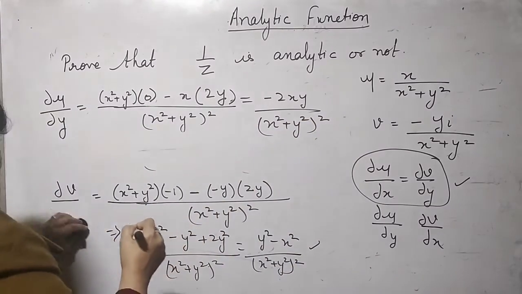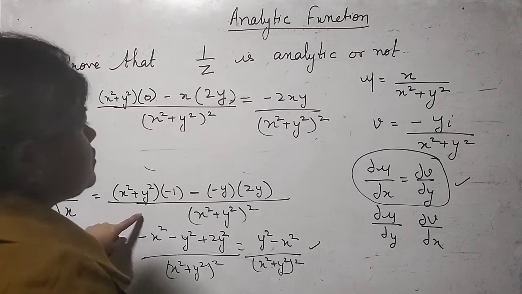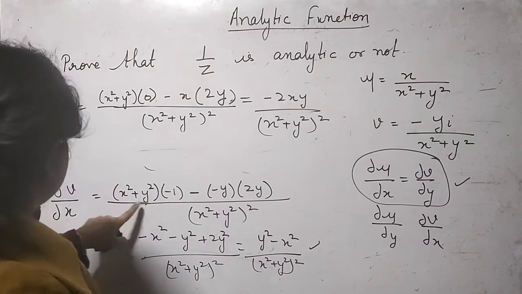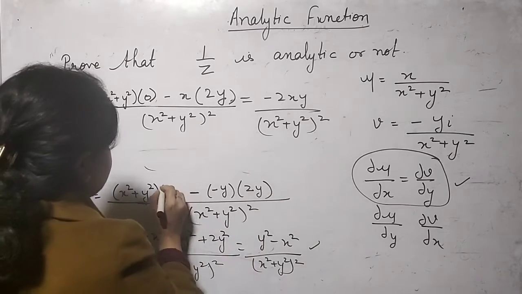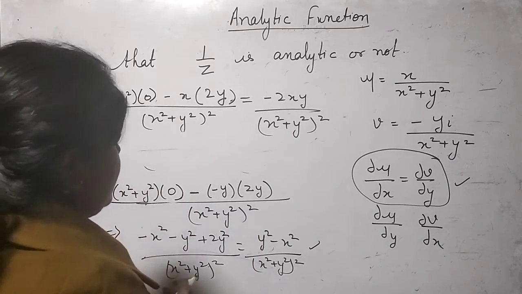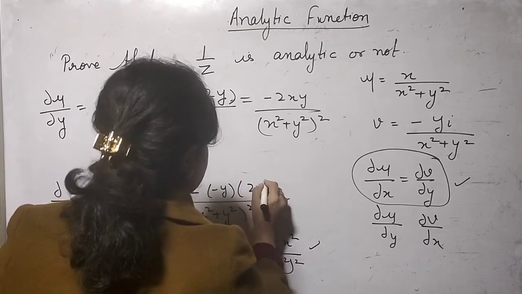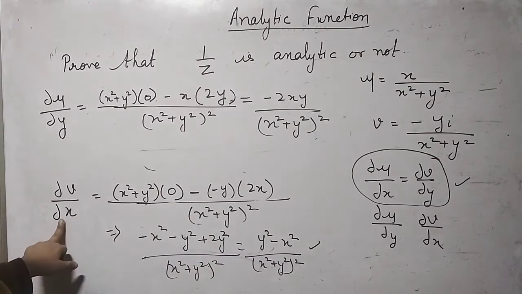Similarly, we now find dv over dx. So now also over here, when we differentiate, this is dx. So here we have y, so it becomes 0, and here it becomes 2x. Okay, because we have to differentiate with respect to x.